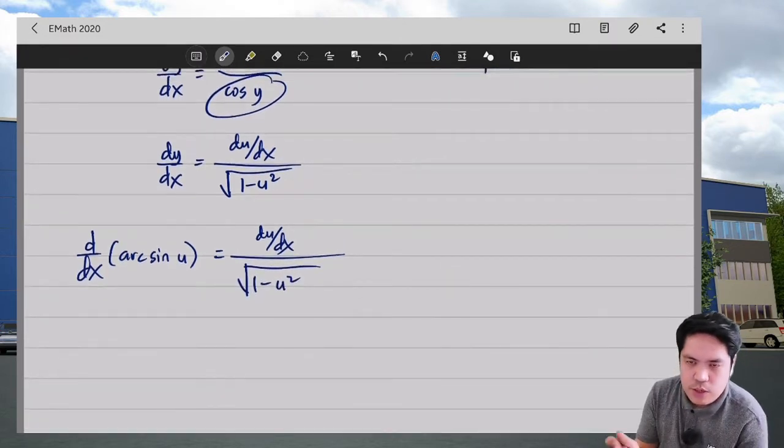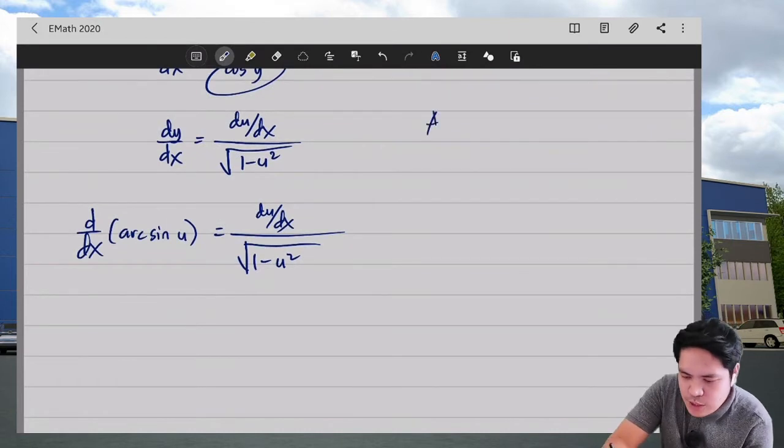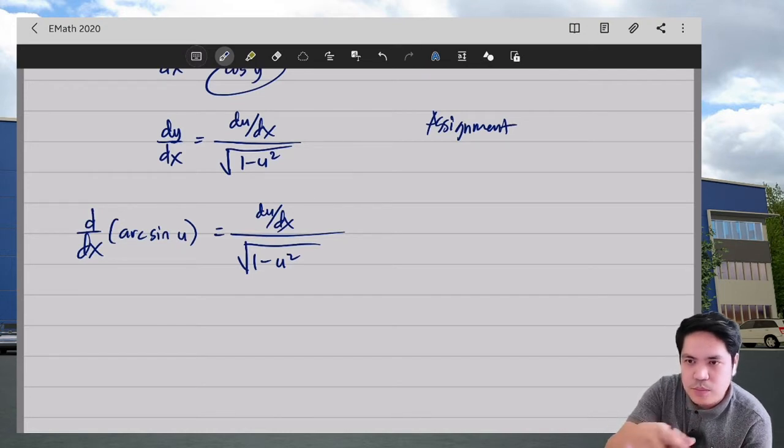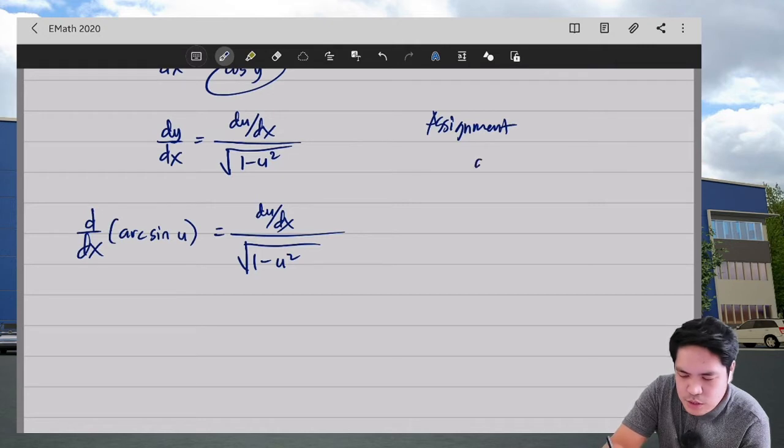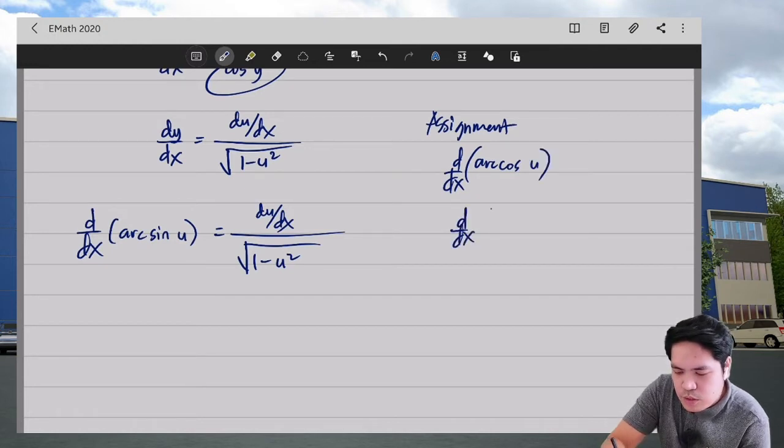So, for your next assignment, derive, using the same process, the derivative of arc cosine u, and arc cosecant u.